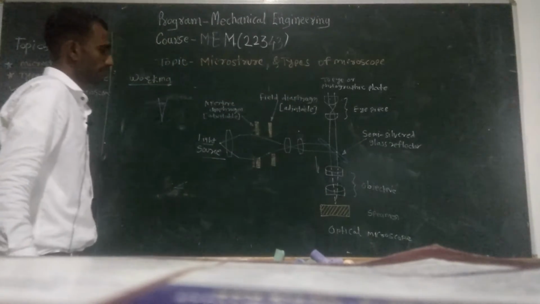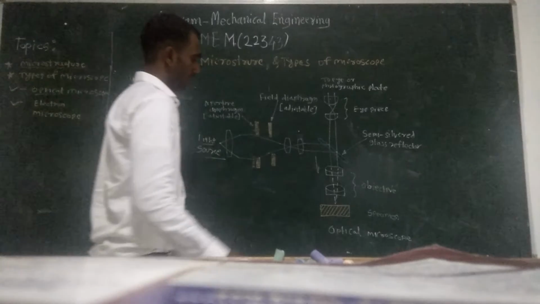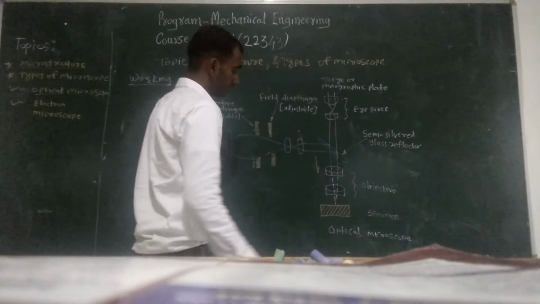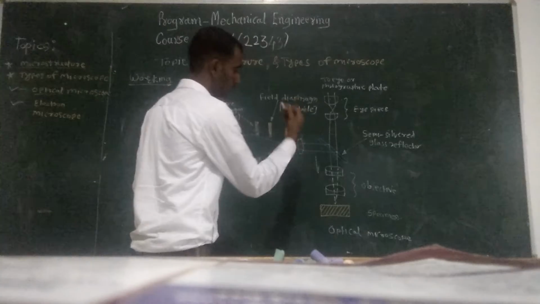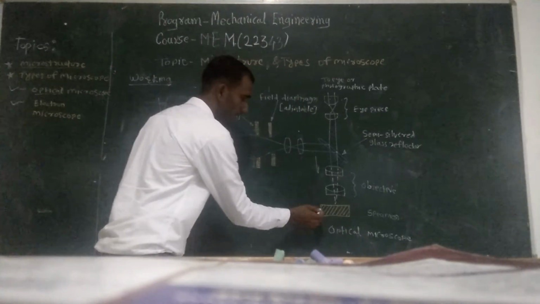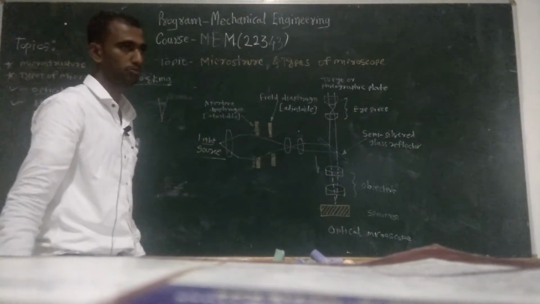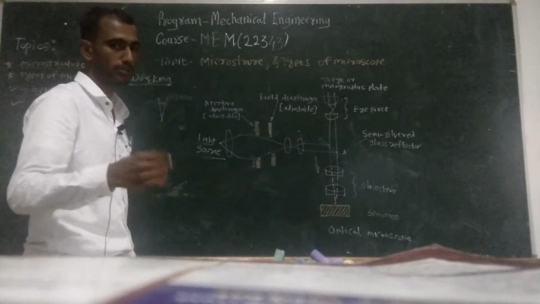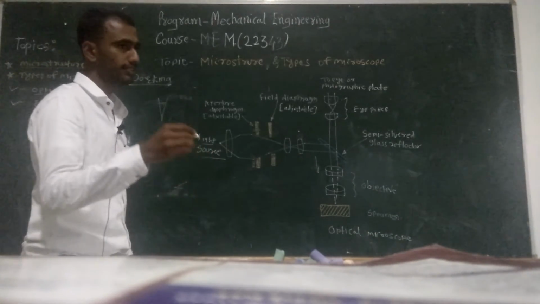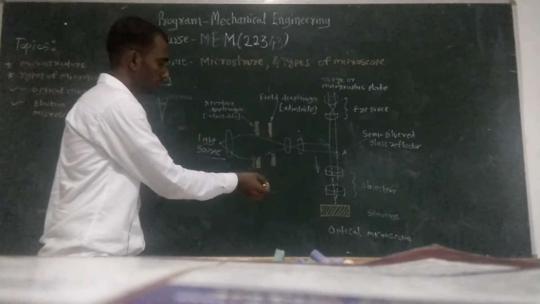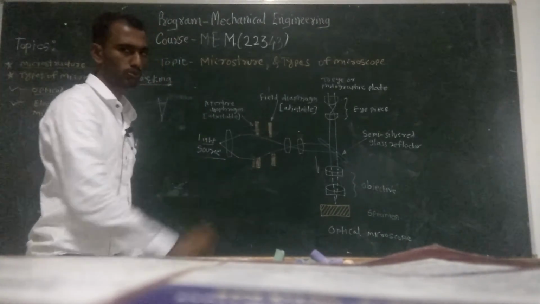Now, after impact, they are going to reflect, because whatever specimen is used is made up of metal or alloy, and we know that metal or alloy is an opaque body, meaning the rays are not transmitted through them.